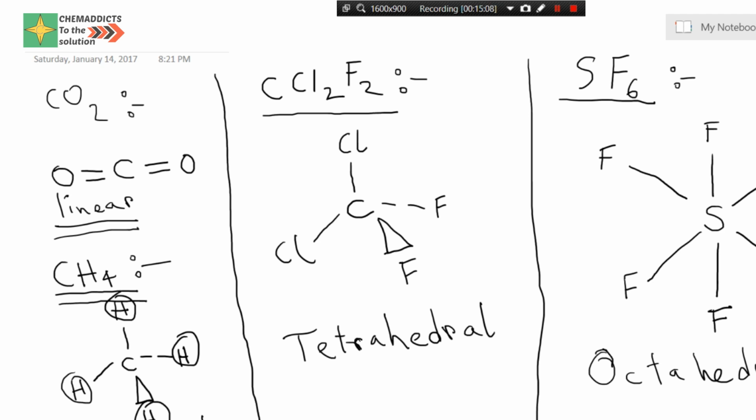In the case of carbon dioxide, the net dipole moment would be 0. The net dipole moment of this molecule is 0, since the molecule is symmetric.